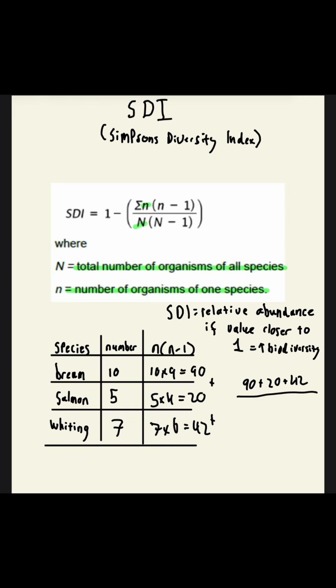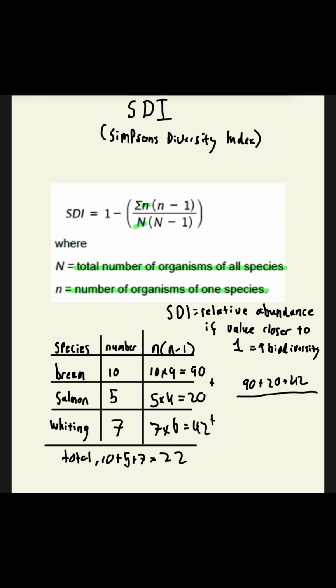So if we add all of these up, let's do another column here called total. That's going to be 10 plus 5 plus 7, and that gives us 22.